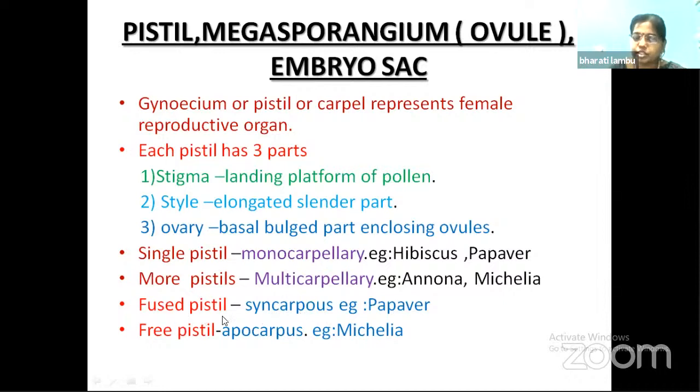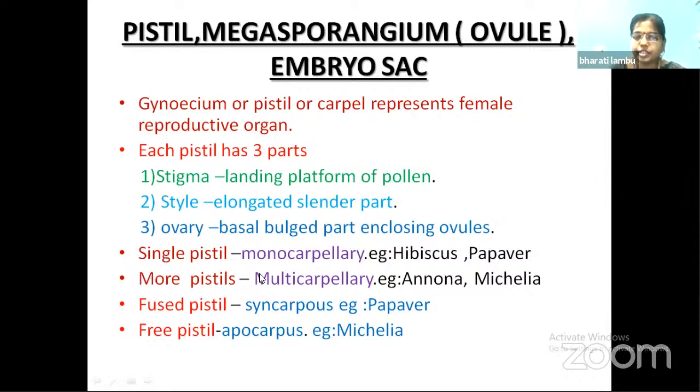So fused pistil is called syncarpous. Example for this is papaver. And free pistil is called apocarpous. Example is michelia. Another example for syncarpous is datura also. And another example for apocarpous is annona.